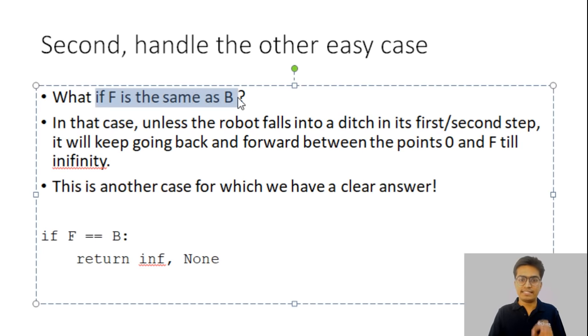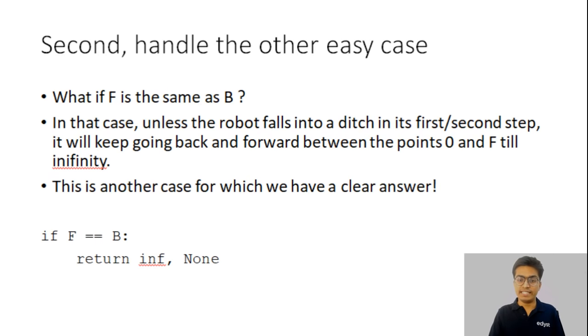If F is the same as B, then unless the robot falls into a ditch in its first or second step, it takes the first step, goes to F, second step comes back to 0, and then it keeps taking these steps. There is no way for the robot to move onto any other number on the number line, right? So no matter where the ditches are present, the robot is never going to be able to fall into any one of them.